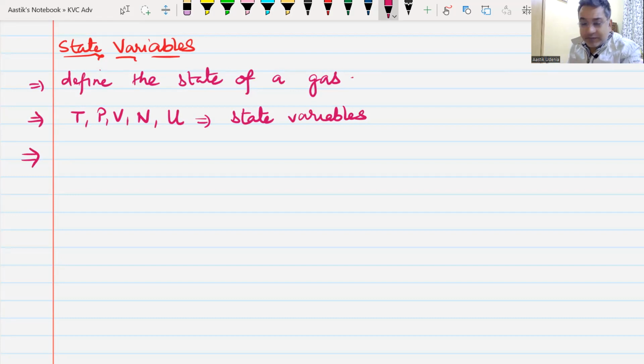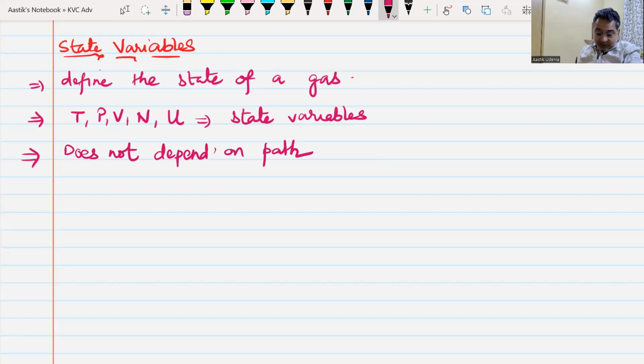Now, the value of a state variable does not depend on path. So this is something like your conservative forces.